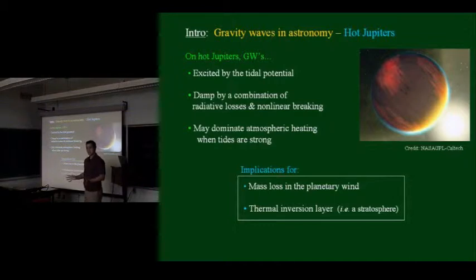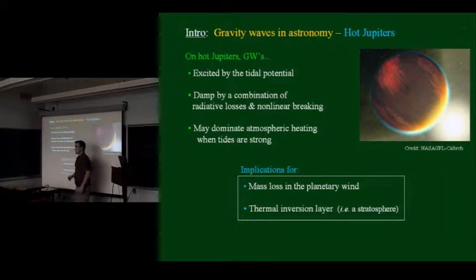In either of those cases, the planet will experience a time-dependent tidal potential that will excite a wave-like response in the fluid. So you get the tide exciting a train of gravity waves. Here they will damp by a combination of radiative losses, as in the sun, and by nonlinear braking, as in the Earth and the giant planets.